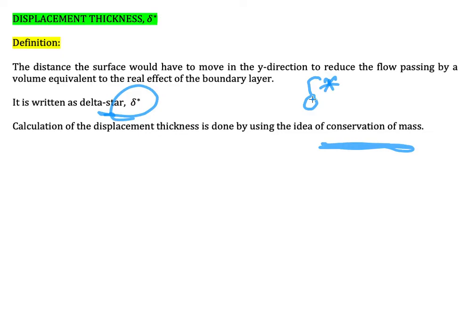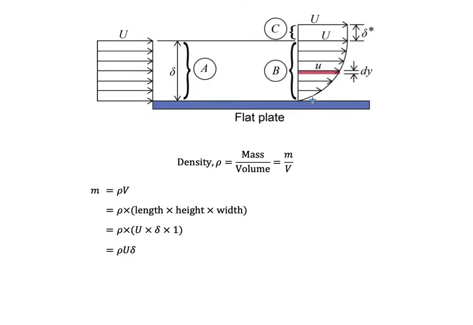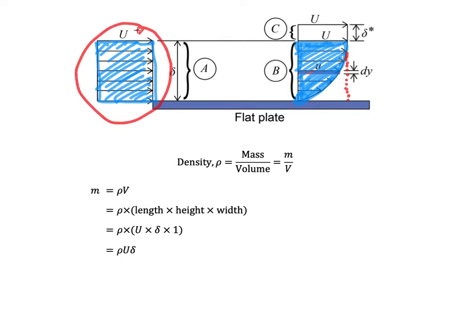If we have this diagram, we find that the incoming velocity is in a rectangular area, but when shear stress is applied here, there is the no-slip condition and the velocity is stuck here, so it creates a not rectangular area. This area is actually missing, so the conservation of mass from this shape into this shape is not conserved.